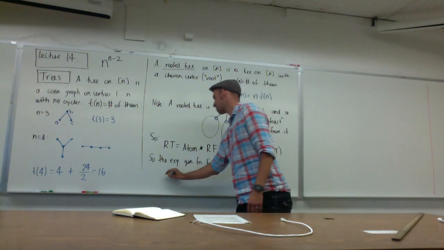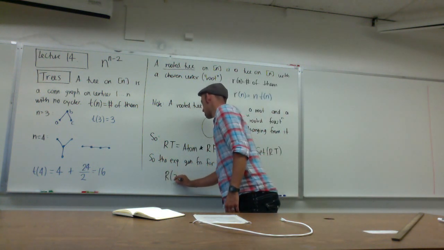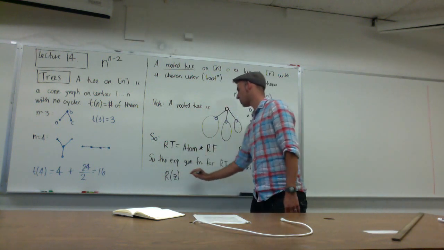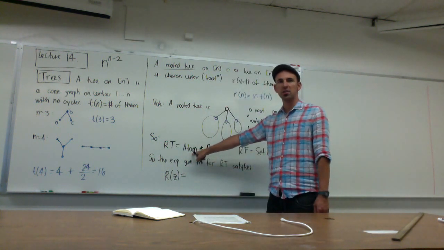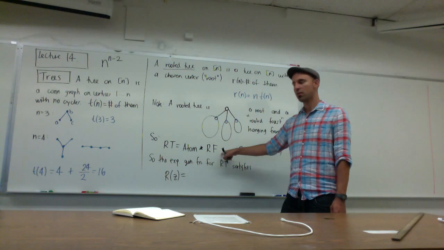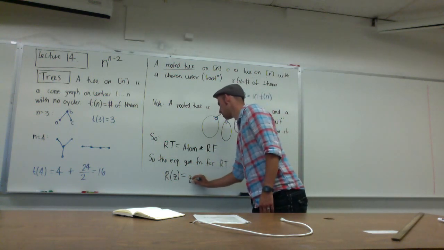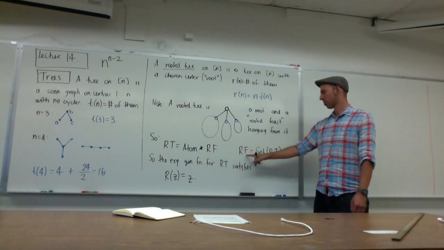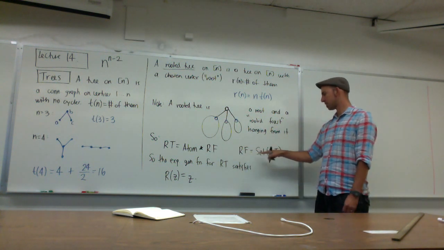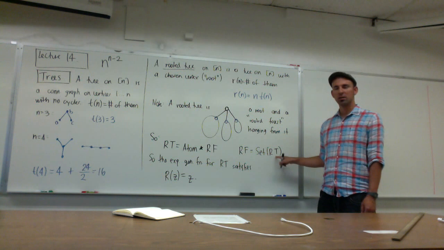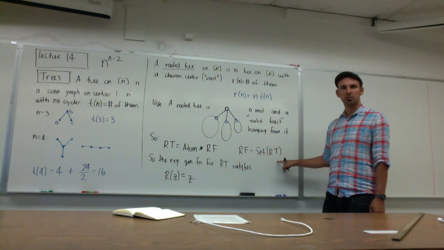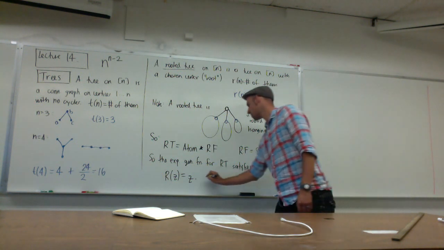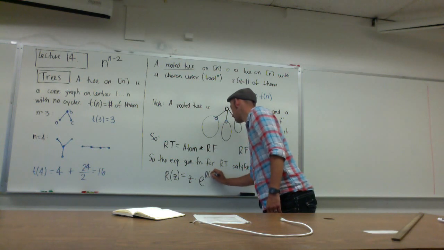Well, it is equal to the product of the one of atoms and the one of rooted forests. The one of atoms is Z times, what's the one of rooted forests? Well, if a rooted forest is a set of rooted trees, then remember that these are related by exponentiation. Right? So this generating function is just e to the Z.